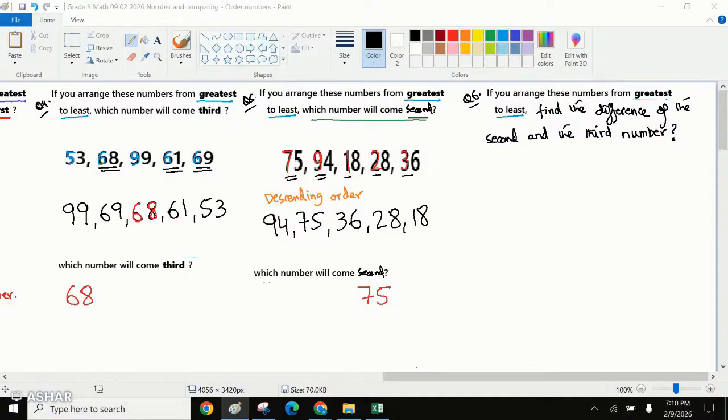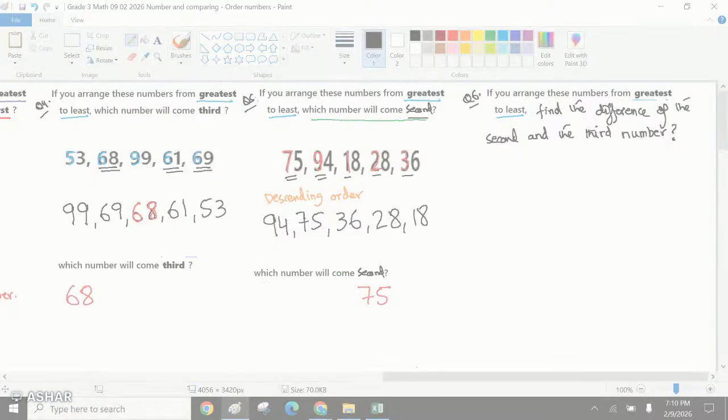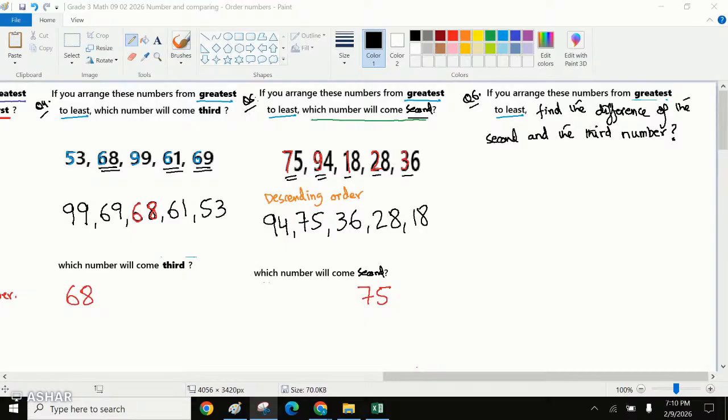So let's see what the numbers are given to us. The numbers given in this question were quite easy. So the numbers were these. These are the given numbers.